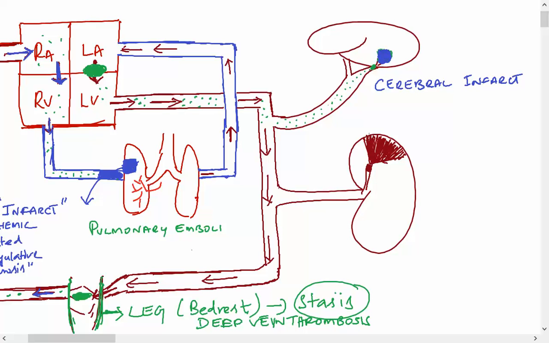So wedge shape means they will have a base. Okay, this is called base. Understand? So this blocked area, that is called tip, that is called apex. So most of the infarcts are wedge shaped.